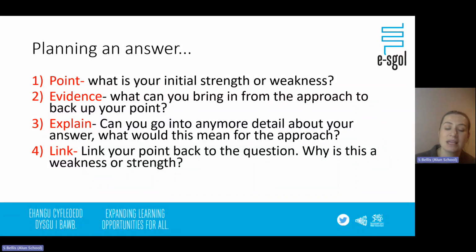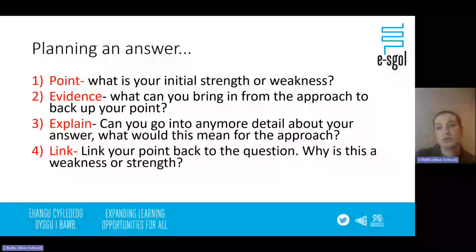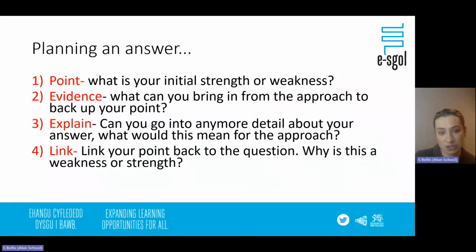And then lastly, we always do the L as link. Link your point back to the question. Why is that a weakness or a strength? This is a strength because if your research is scientific, it adds to the credibility of it. And it also means that your research can be replicated, which can improve the reliability of your research. So you're almost looping back to the point that you're making in the first place.